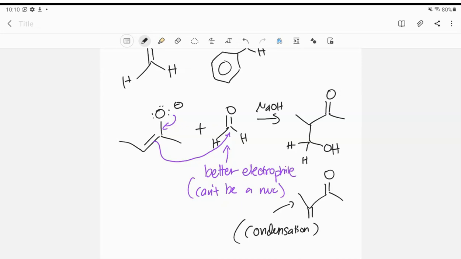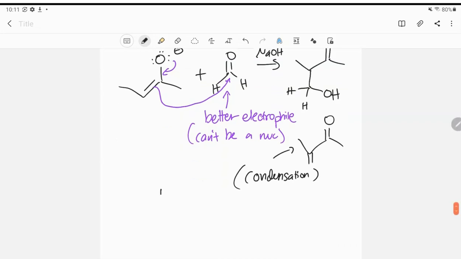Of course, we could have it happen on the other side as well. We could have one of the other alpha protons work. We could have had it be this way instead. But we're going to see here that the other one is preferred. Right, we could have this attack our formaldehyde instead. Comes down, attacks, opens up.